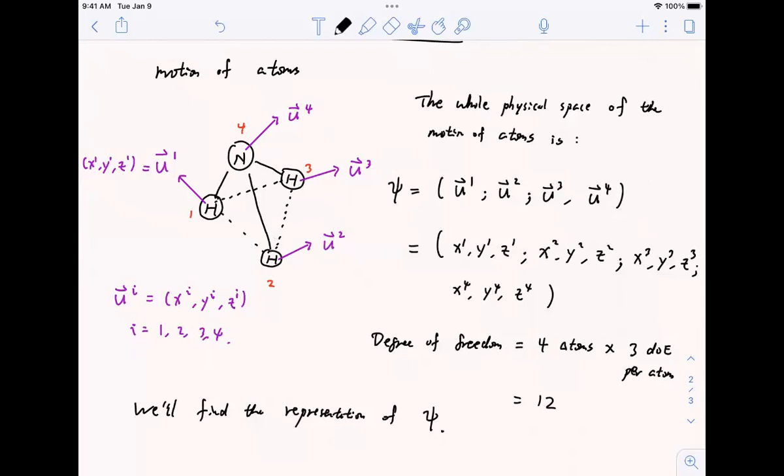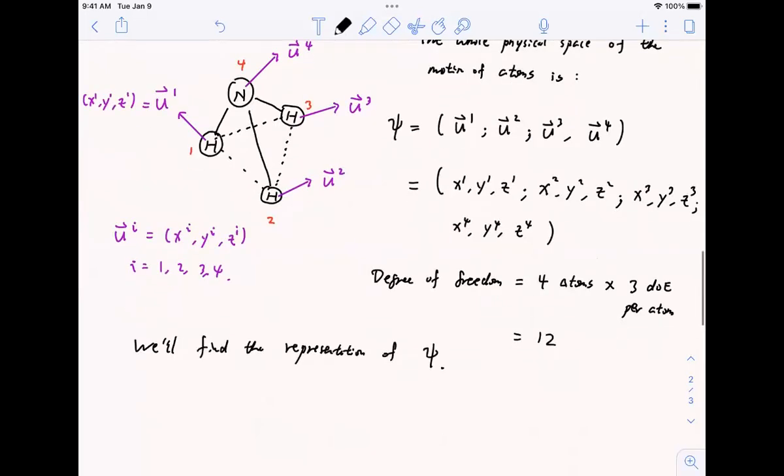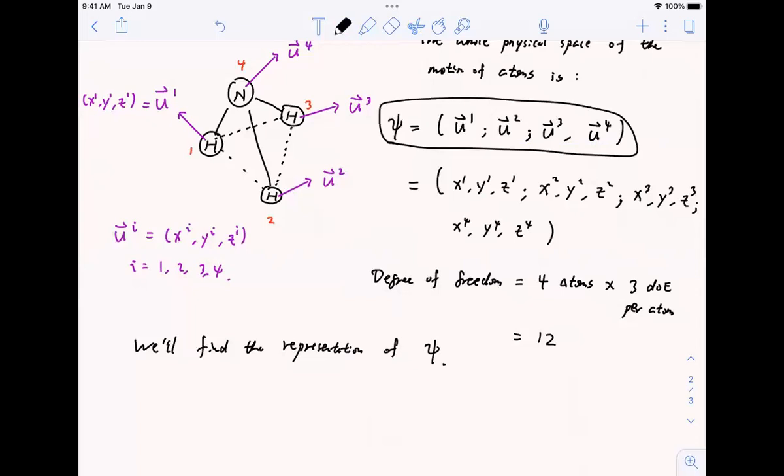This space has its own representation on this symmetry group, and we need to find it. It is a reducible representation, and we're going to find it. We're going to see how this thing transforms under every operation.